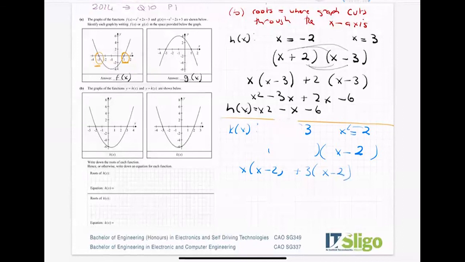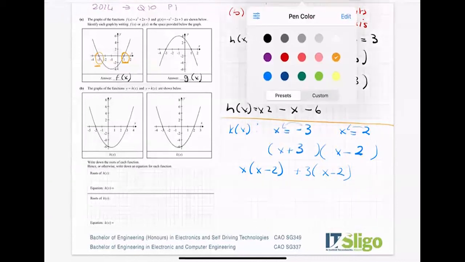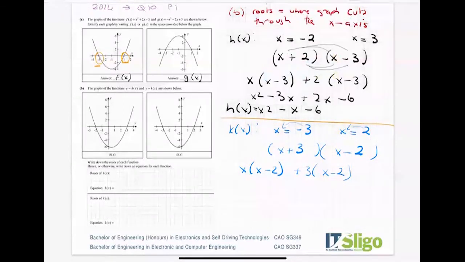Well, what I'm doing there is splitting that first bracket so that it becomes x by everything in the second bracket. Do you see it? Then I'm going back for the +3 by everything in the second bracket.